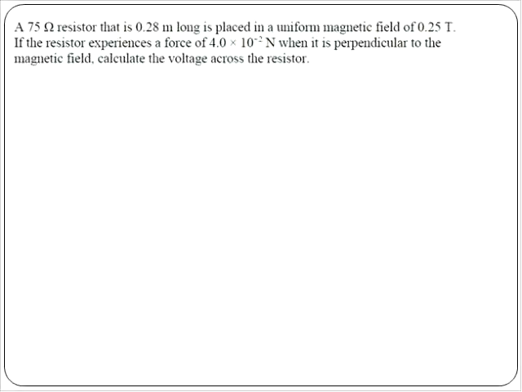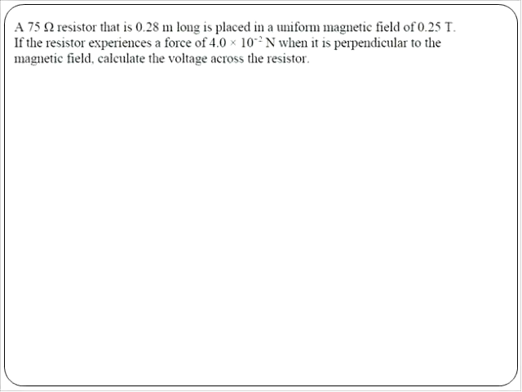Next question. This time we have a 75 ohm resistor that is 0.28 meters long, is placed in a uniform magnetic field, and the resistor experiences a force of. This time it says, calculate the voltage across the resistor. Well, that's another level 3 question, but we just did one in the multiple choice very similar to that.